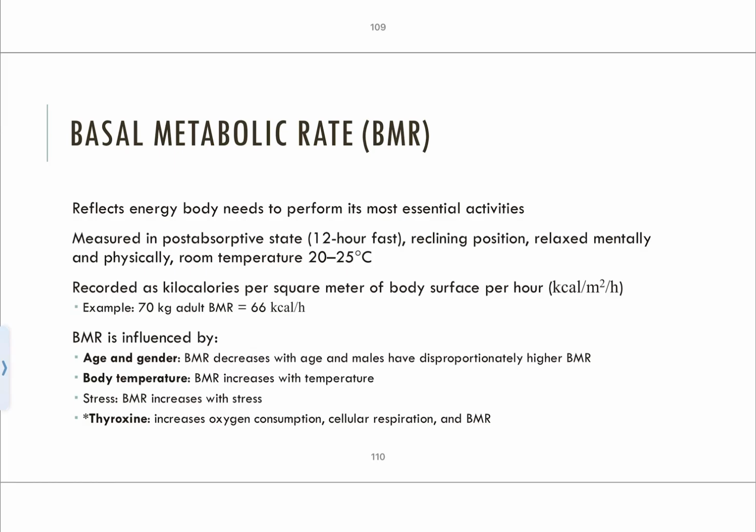If we increase our body temperature, we are also going to increase our BMR, and stress is also thought to increase our BMR. The last thing that I want to mention is that the amount of thyroxine that's produced by our thyroid gland is probably going to be the most important hormonal factor in determining our BMR.